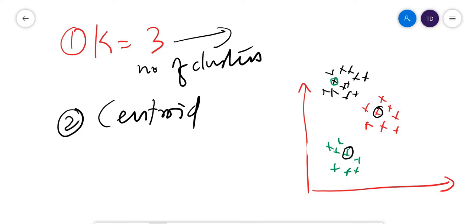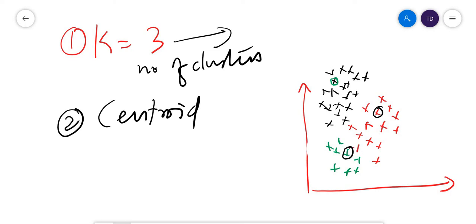Now the distance from the first point. You have different data points in this cluster, so I am taking some more data points here as well. You can have data points like this.